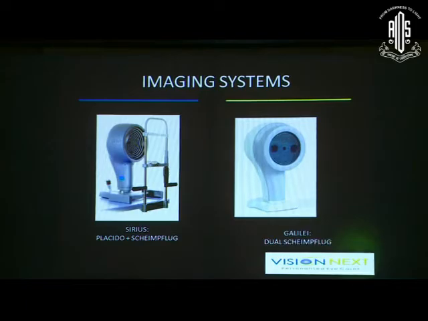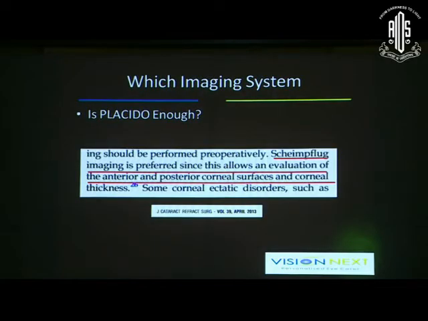The answer is primarily that you need to get a topography just to make sure that it's a regular astigmatism and not an irregular one that we are dealing with, and something more which I'm going to discuss further. At some point of time, we have to also be sure that Scheimpflug imaging is preferred nowadays because it tells us the anterior surface and the posterior surface also, along with the corneal thickness, and I will be emphasizing the posterior corneal astigmatism a little later.